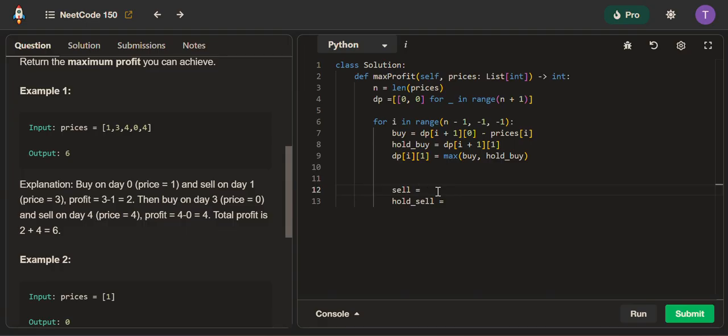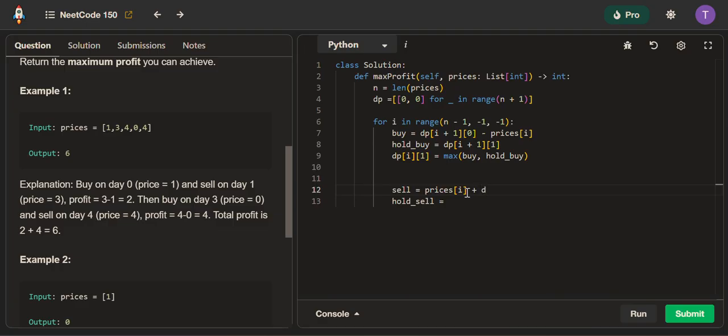Now what about selling? We know that for the selling column, if we sell, we're just going to take the price at that current day because we're going to assume we take all the profits from that current day. This is the approach we had in our example. And then notice that we also want to add to this the profit you can make by buying in 2 days, because we have to give a cooldown day if we sell on a particular day.